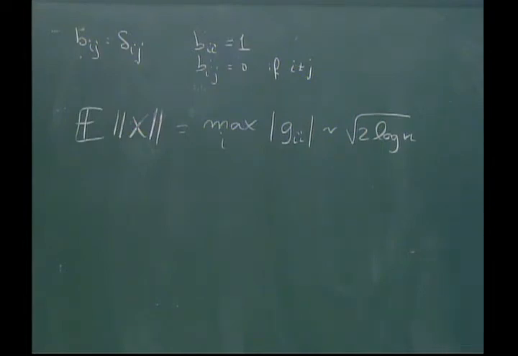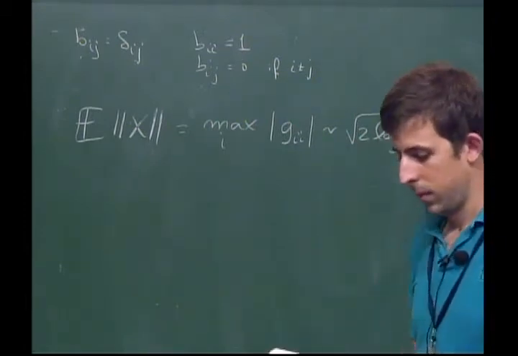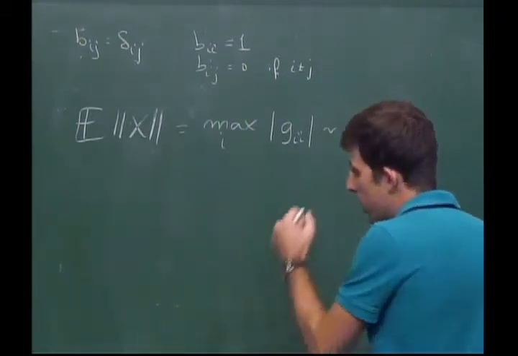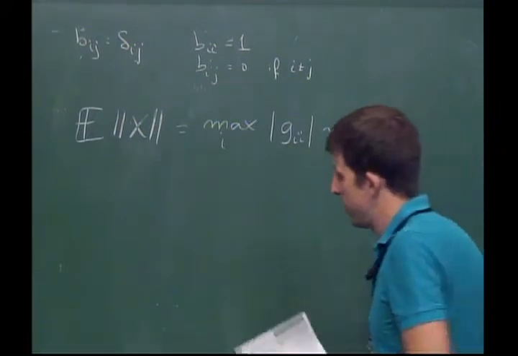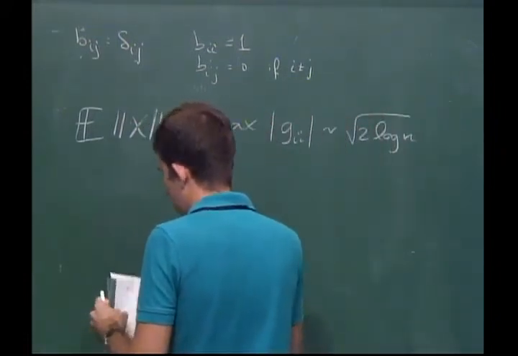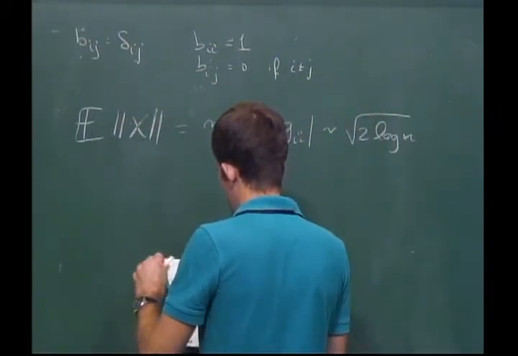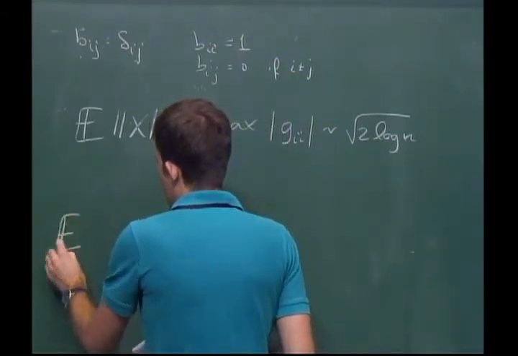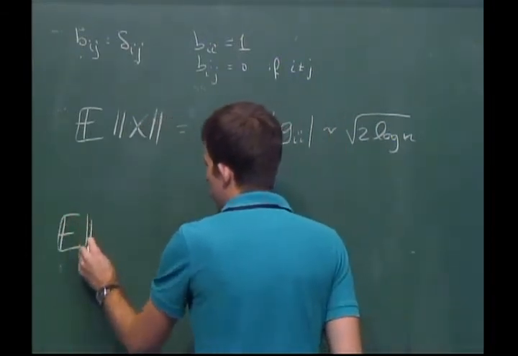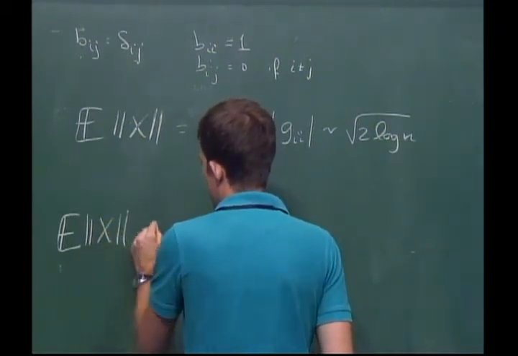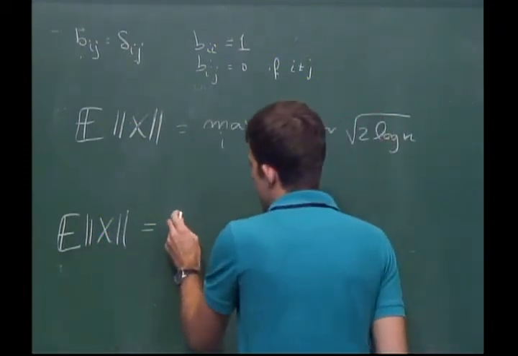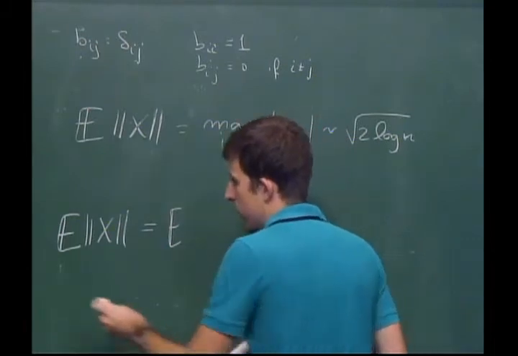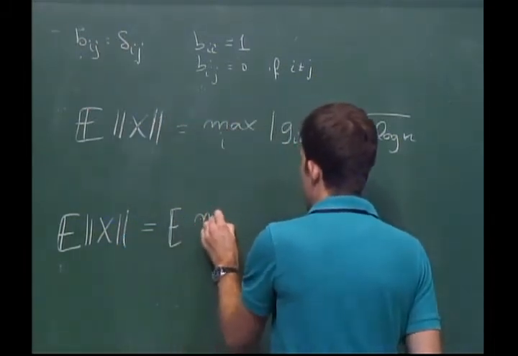Let me talk a little bit about what is known. One parameter that's very important is the following. The expected value of the spectral norm of X is the expected value of this definition of spectral norm, the max.